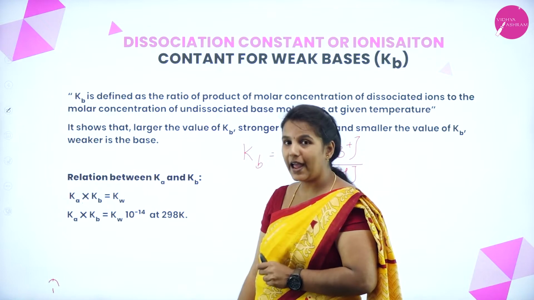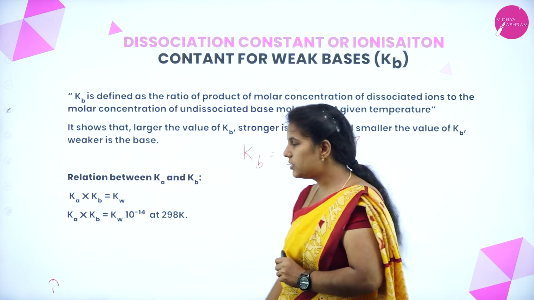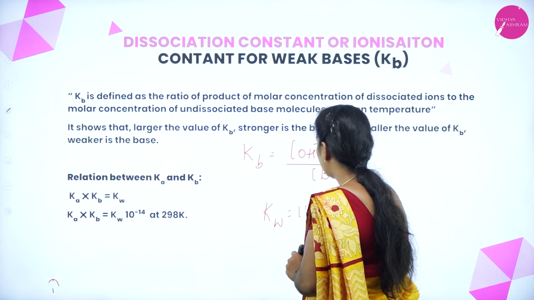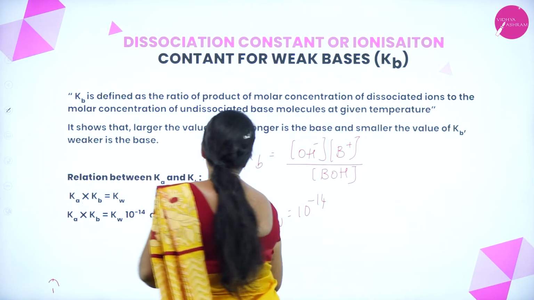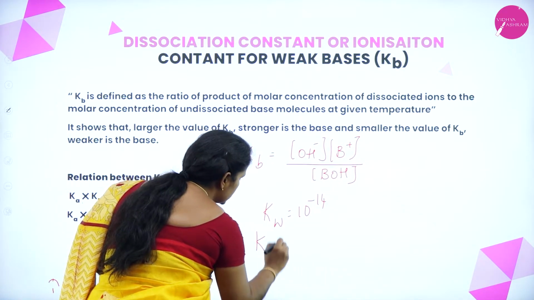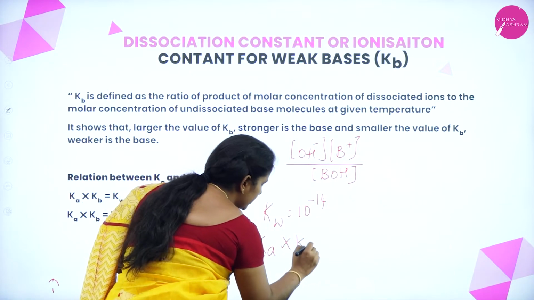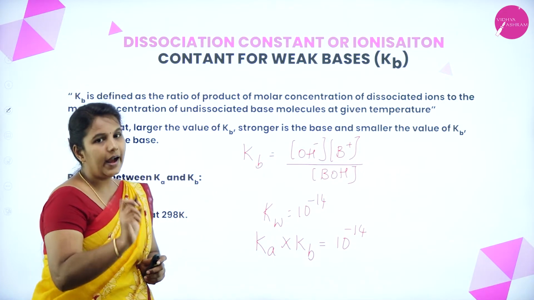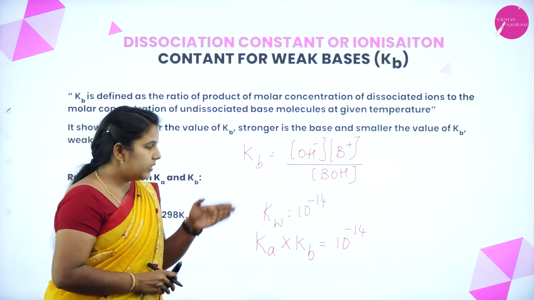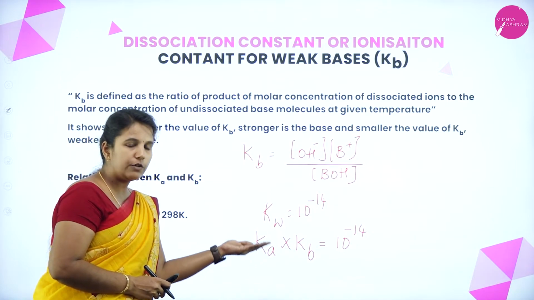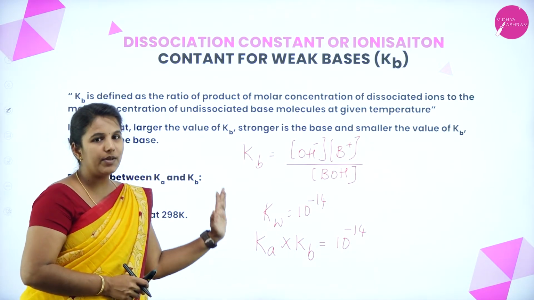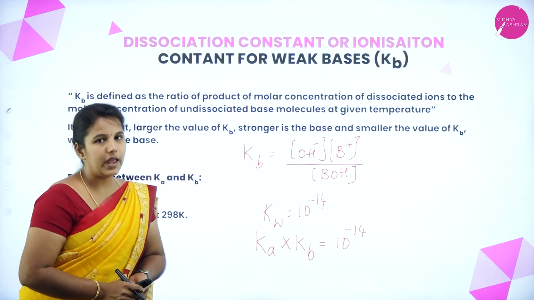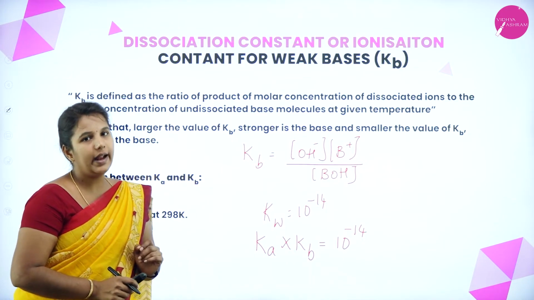We understood that the ionic product of water is equal to 10 to the power of minus 14. So Ka times Kb is equal to 10 to the power of minus 14 at 298 Kelvin. This is how the dissociation constants of a weak acid and a weak base can be related to the ionic product of water.